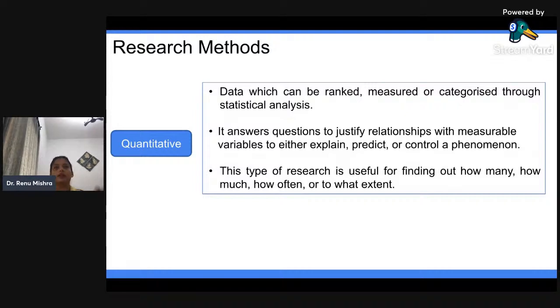Like for example, when you are talking about the preference of people choosing to go for convent school education, how many people are preferring to go for convent education? Now when we are saying how many, that means quantitative. Now when we are trying to say why they are going for convent education, then we are trying to identify the reasoning behind it.